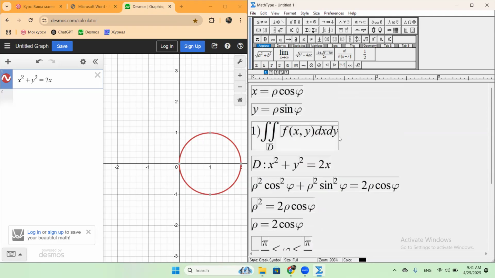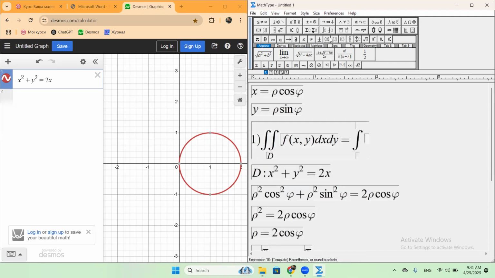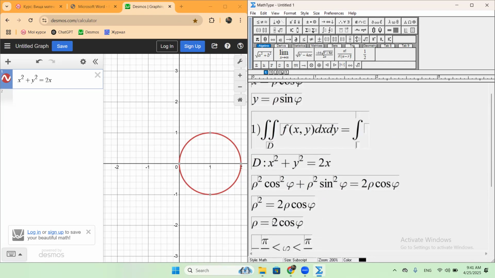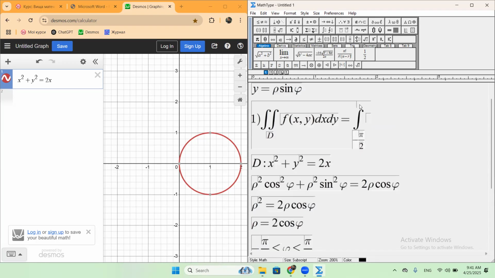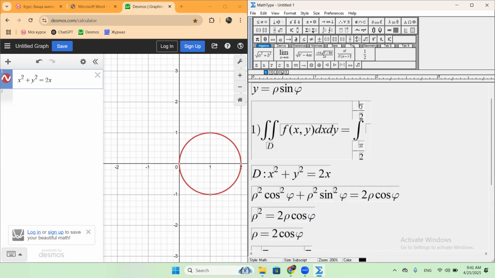And now we will rewrite the integral with the new limits. So phi from minus pi over 2 to pi over 2, d phi.